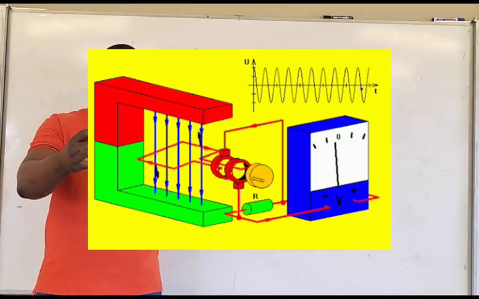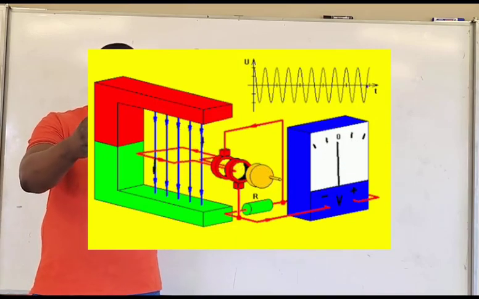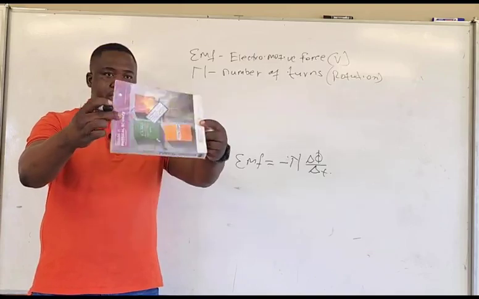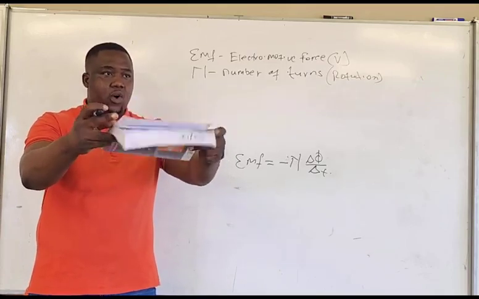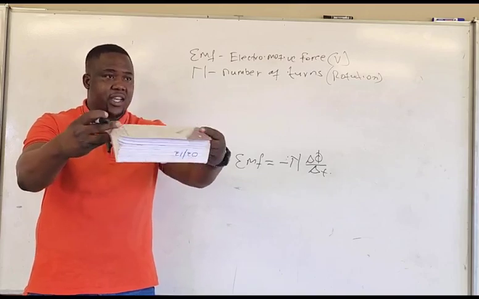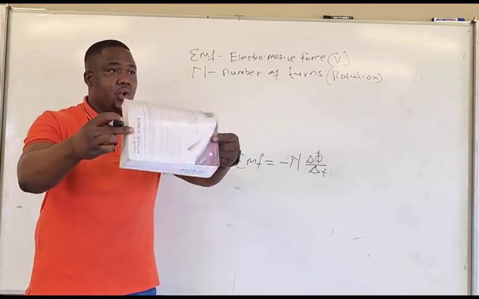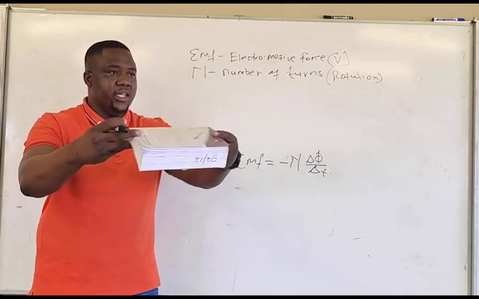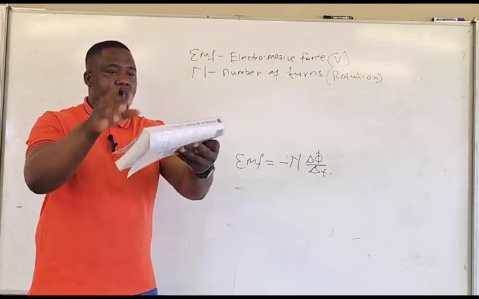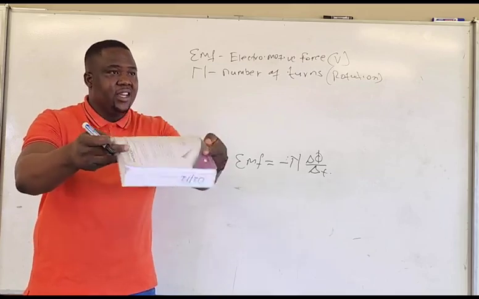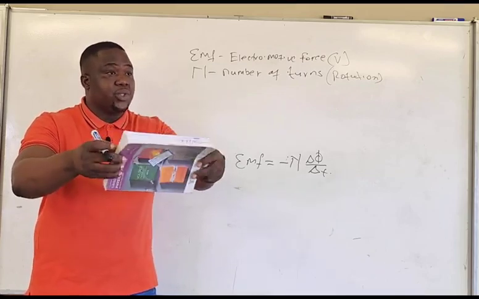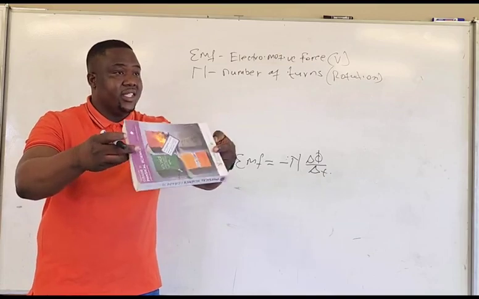I can further demonstrate it with this textbook that I'm holding. We are inducing EMF when a coil turns. You can see as this book turns, we are going to produce electricity. If we take this book as a coil, it is turning between two magnets, then we produce electricity.